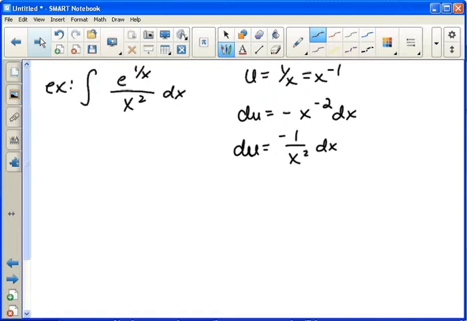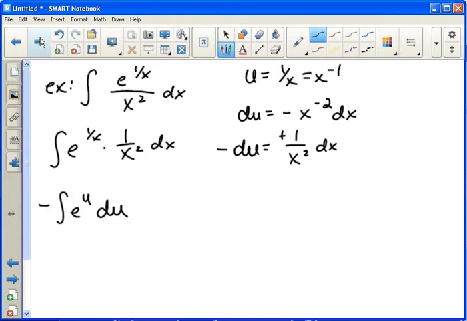Okay, well if you look over here, we actually do have 1 over x squared, because we could rewrite this way. So this is a good match. We just have to move the negative sign over, so multiply both sides by negative 1, and we'll end up with negative e to the u du. The rule for e to the u du is just e to the u plus c. So our final answer is negative e to the 1 over x plus c.